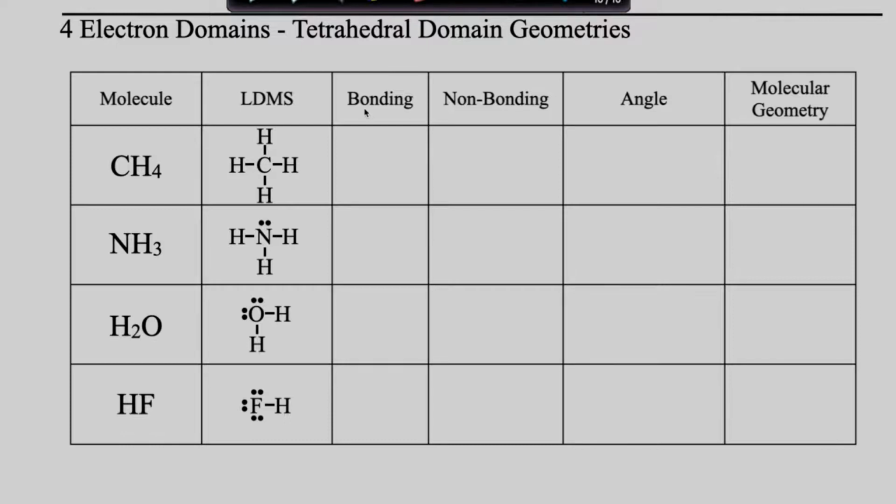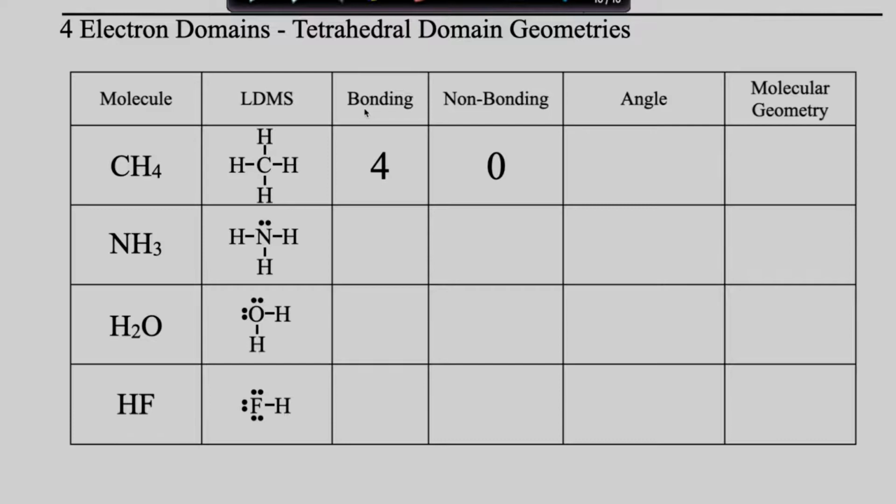So let's do this. Guys, going up to CH4, how many of those 4 domains are bonding? All of them. How many of them are non-bonding? Well, none of them. And guys, we've already talked about this. That looks like this. This is methane. This is actually natural gas. CH4 is the stuff that we burn in our Bunsen burners and our furnaces and stoves at home.